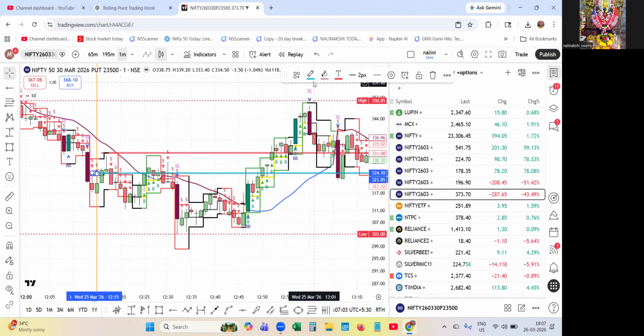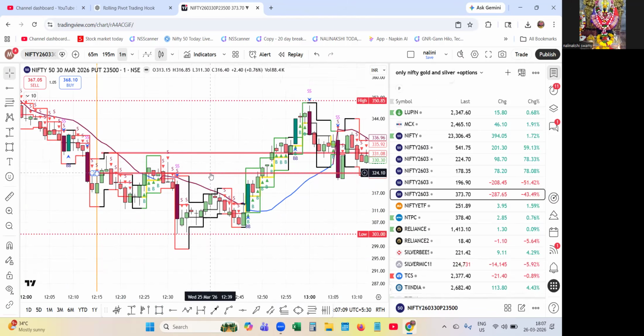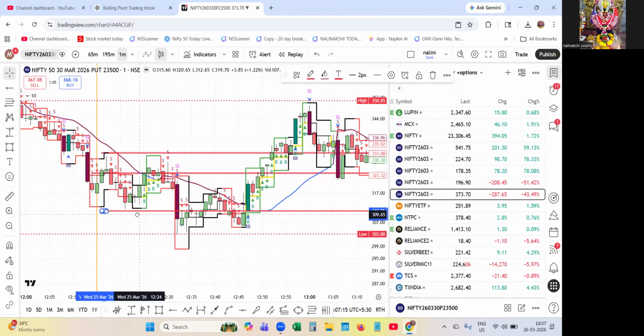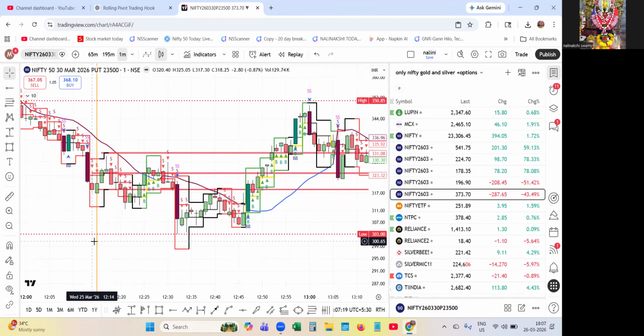This one is also red. Let me pull down. This is the support, also red. This is the 1 minute pivot. This box. This box. Okay.